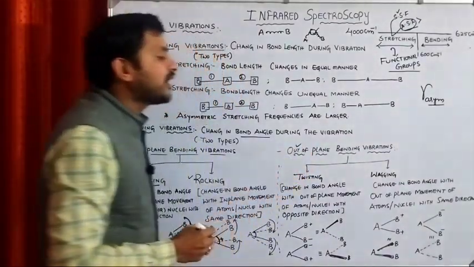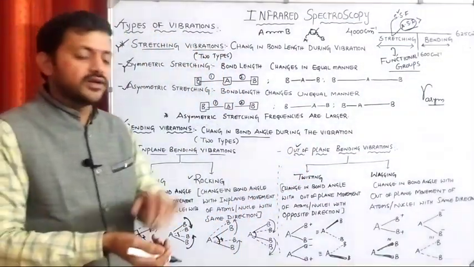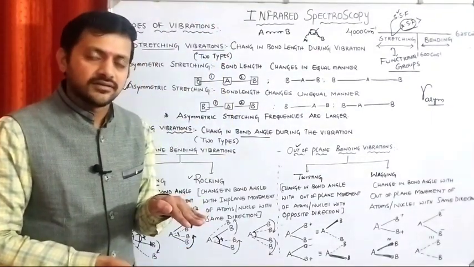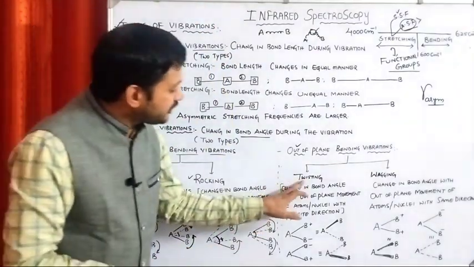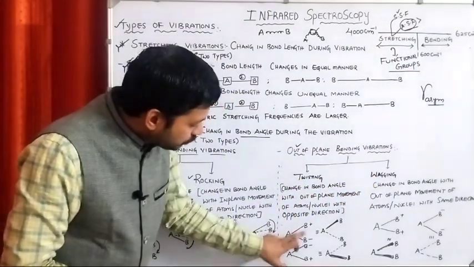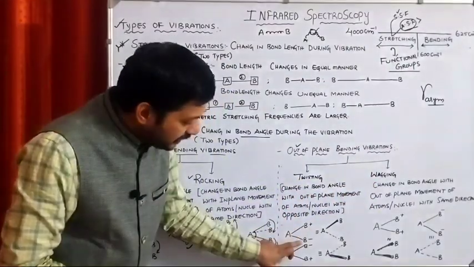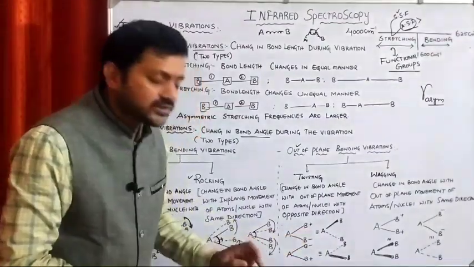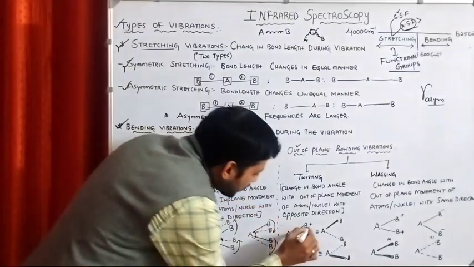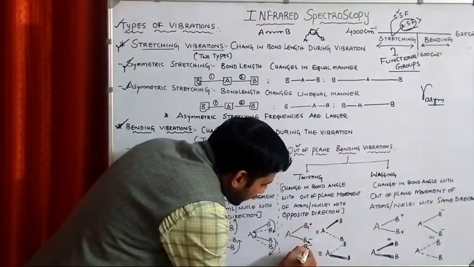Now come to the next one. Out of the plane bending vibrations. It means above the plane or below the plane. Okay. See this one, twisting and wagging. In twisting, what are we observing? We have two atoms, B plus and B minus. What is the meaning? Assume that this is B1 and B2.